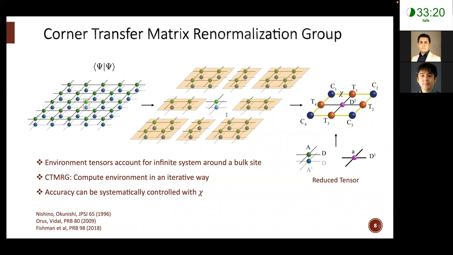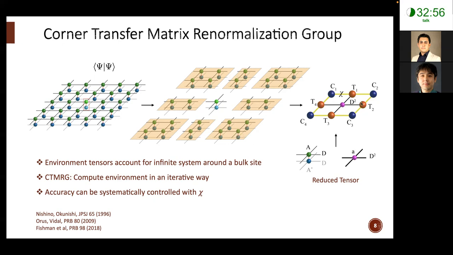Similar to the previous algorithm, the environment around every local tensor is approximated by some environment tensors. So here, if you have a local tensor, you approximate the contraction of all of the tensors in these corners with some corner tensors, which are these four corners of the network.